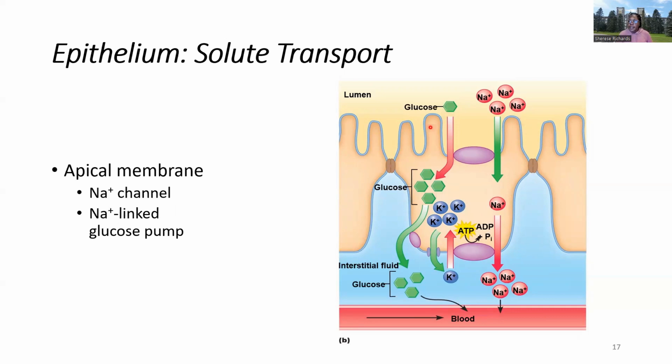So this is secondary active transport based on what we described earlier. So sodium comes in freely, and coupled to that is glucose coming in against its gradient, using the energy from this movement of sodium. So glucose gets into the cell, and because we need it to get into our bloodstream so that we can circulate it, we have to move it across the basolateral membrane.